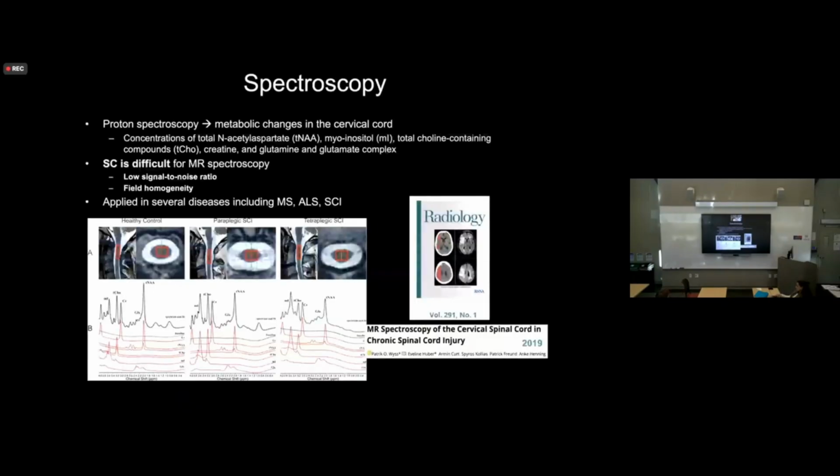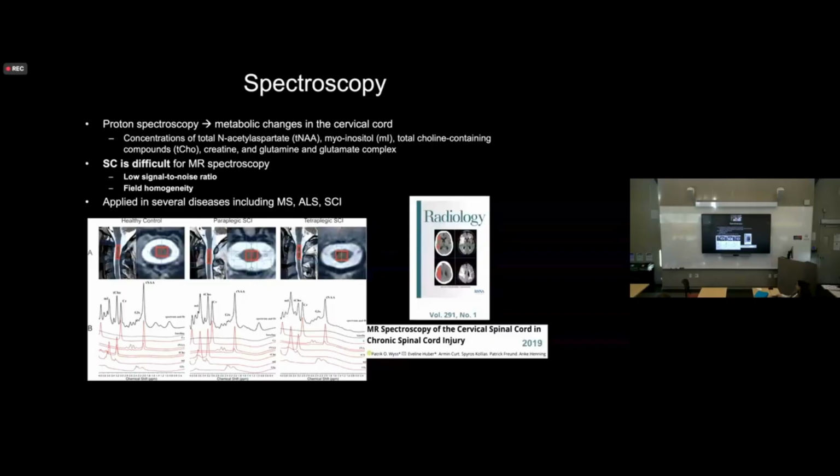So the first work from Anke Henning's group several years ago, looking at spectroscopy of the cord, had a lot of challenges. One of the biggest challenges is that number one, we're looking at a small region of interest. Number two, the field inhomogeneity is kind of a pain. It is both a spatially varying as well as a temporally varying magnetic field change.